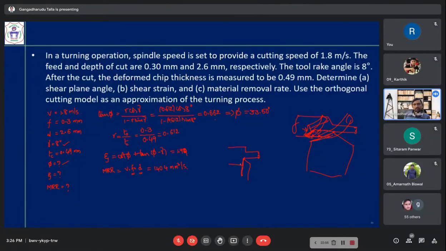Then speed, feed, depth of cut. Understand? Depth of cut is up to here. Feed is anyhow coming here. Okay, that is one area. And what is its length? Okay, so then that will give you MRR. Understand?